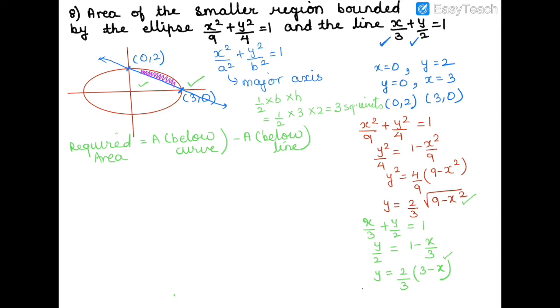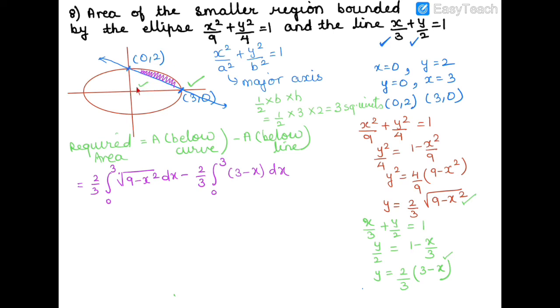This is going to give me further limit 0 to 3 and under root, I'm writing a 2 by 3 outside, under root 9 minus x square dx minus again 2 by 3, limit is 0 to 3 because the line also has the same limit, and 3 minus x dx. What I'm trying to find out is area below the curve minus area below the line.